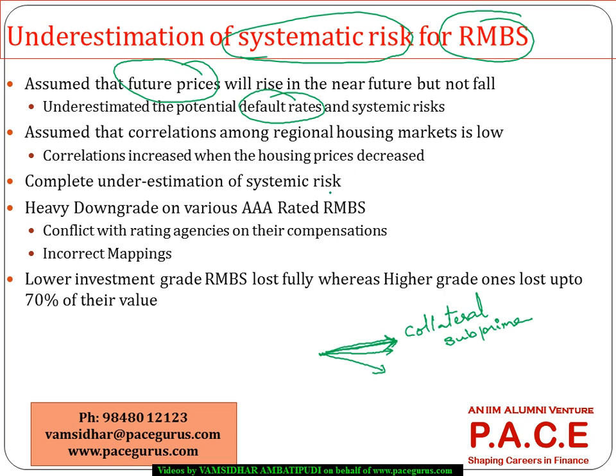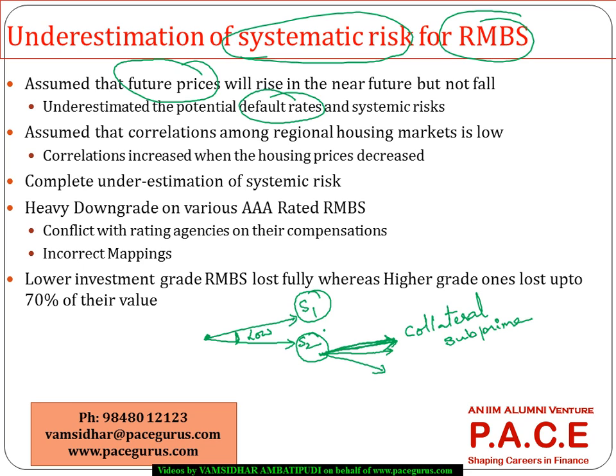And they also assumed that the correlations across the housing sector of major geographies are independent, almost not existing. So probably state 1 versus state 2, they assumed that the correlation among the housing markets of these states is very low. So the default in this state may not trigger a default in that state.